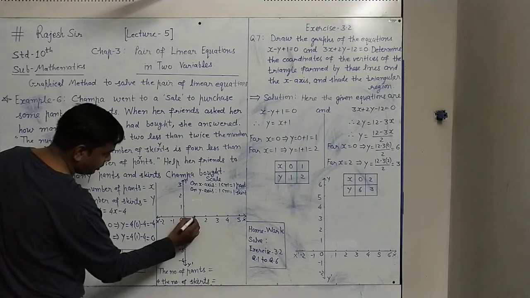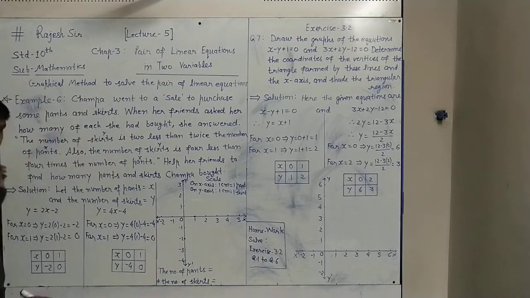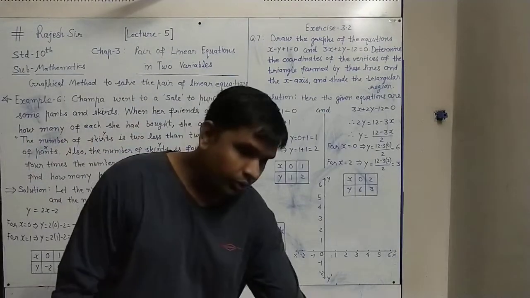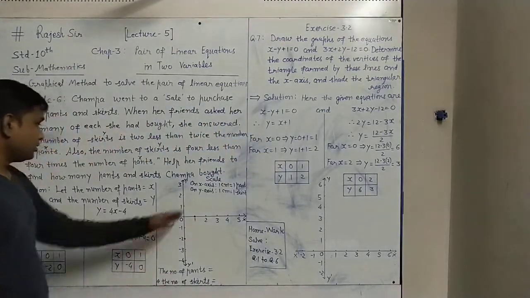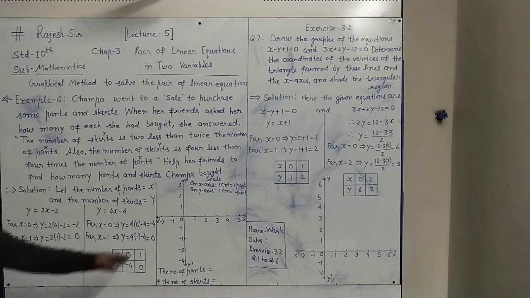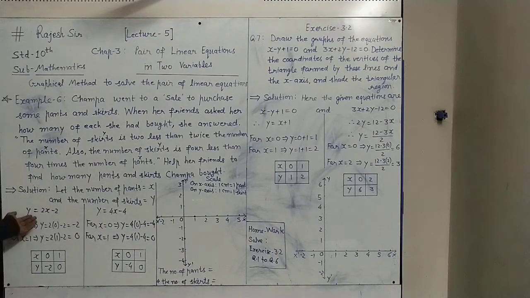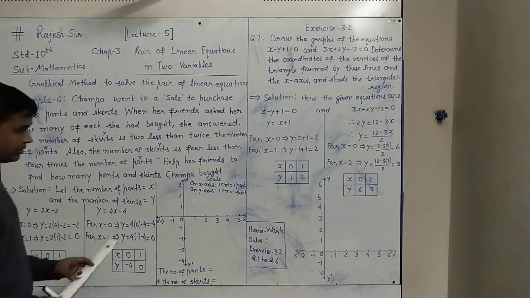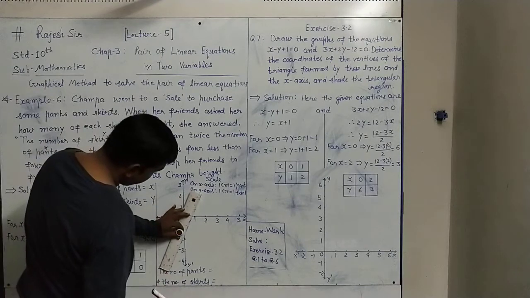This is the next point of the first equation. To draw the graph, just join the line passing through these two points. It will represent the graph of the first equation. This way we get the graph.